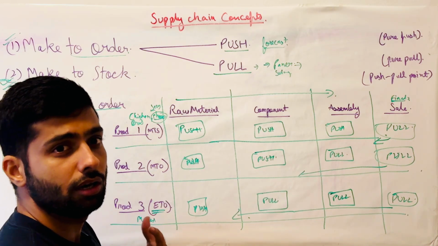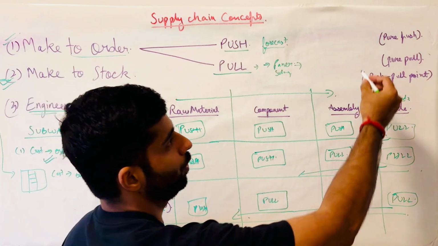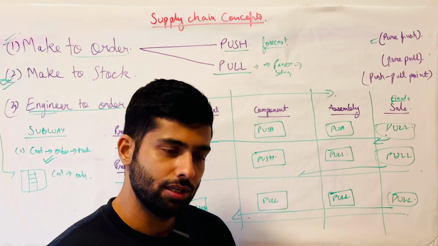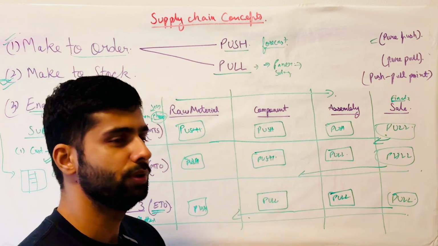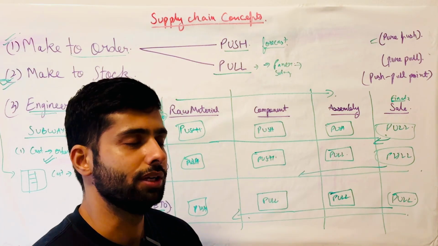That's why I said that generally the supply chain is a combination of push and pull. Now let's talk about something which is pure push, which means that the entire manufacturing or entire, let's say, assembly of the sandwich is pushed. It's not rare.